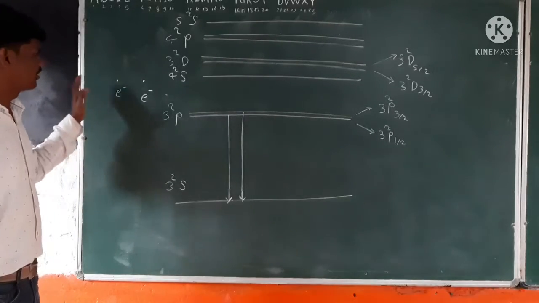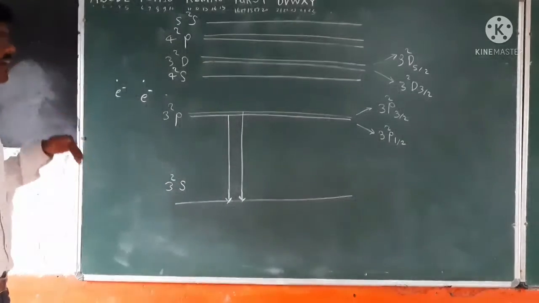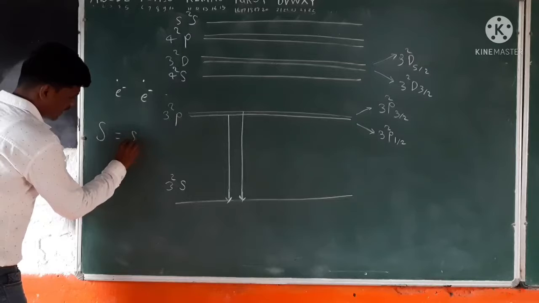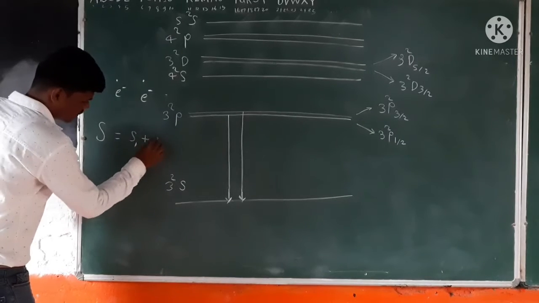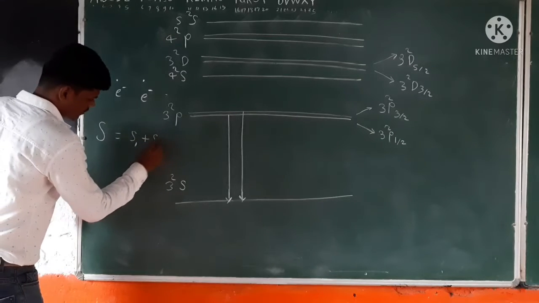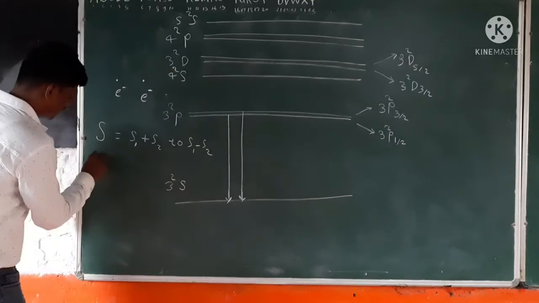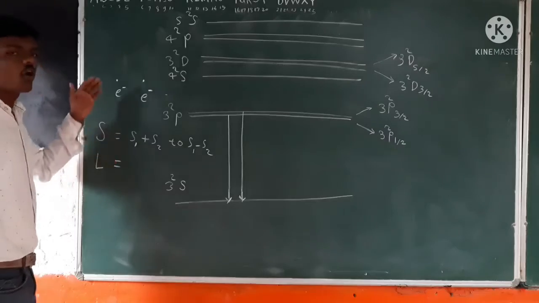All these combine and make separate energy levels. So we have to combine capital S as S1 plus S2 up to S1 minus S2. Similarly, capital L is the resultant of these two.